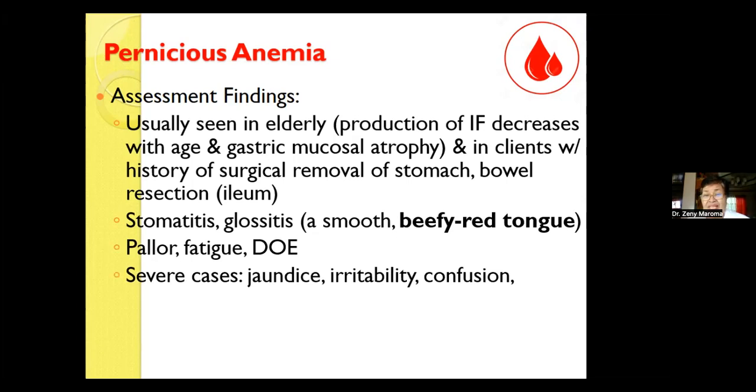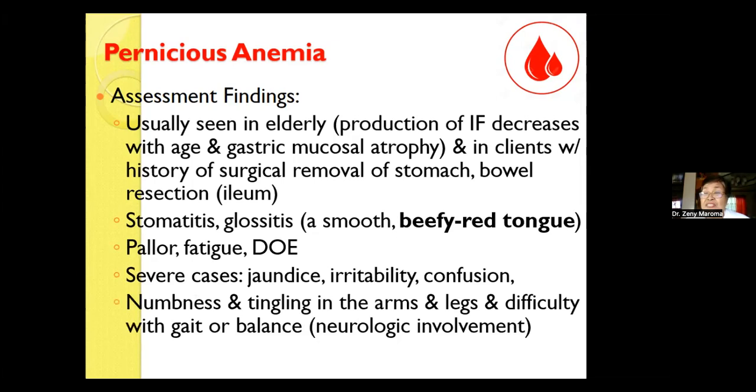Pangatlo, okay? So, severe cases, there is jaundice, kasi short lang ang lifespan ng RBC. And there's numbness, tingling in the arms, legs, gait problem, ataxia, neurologic involvement. Okay, what are the triads? One, secondary to anemia, pallor, weakness, fatigue.